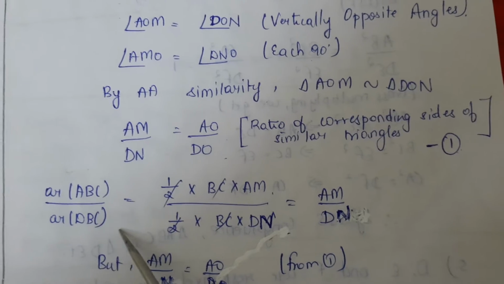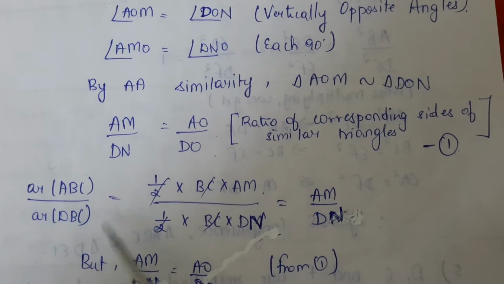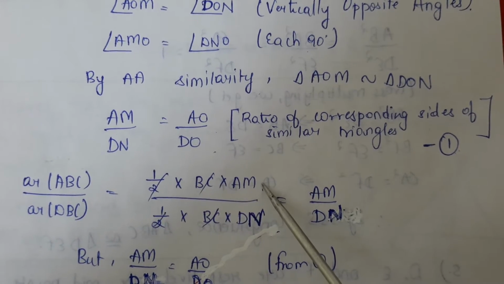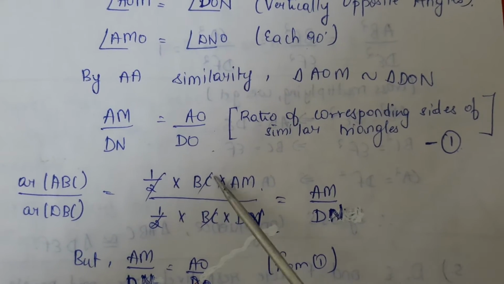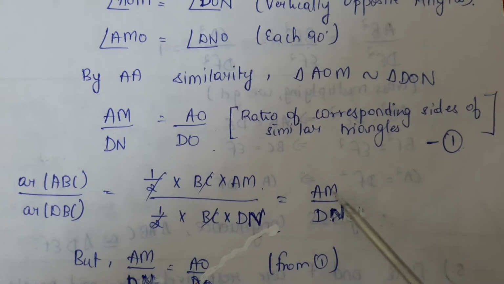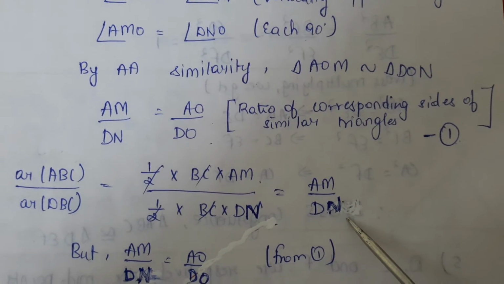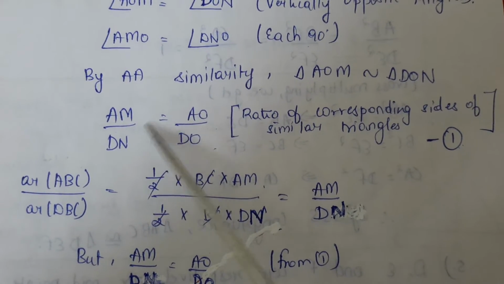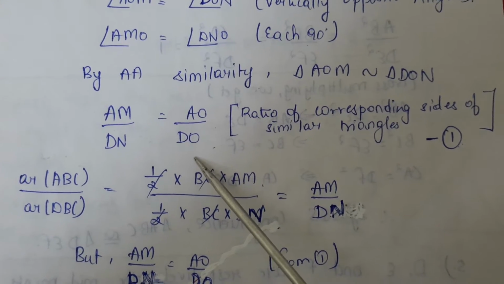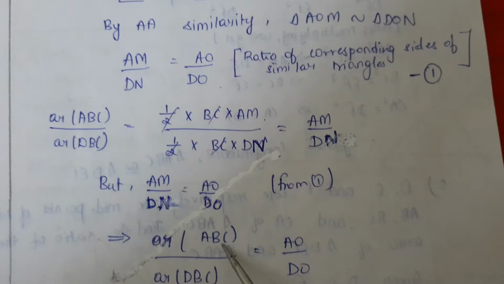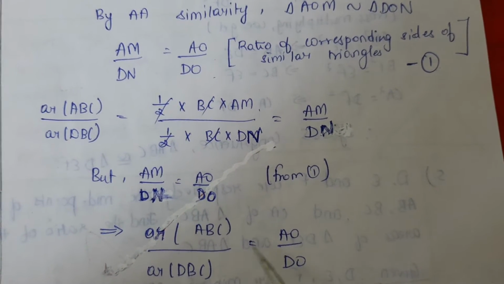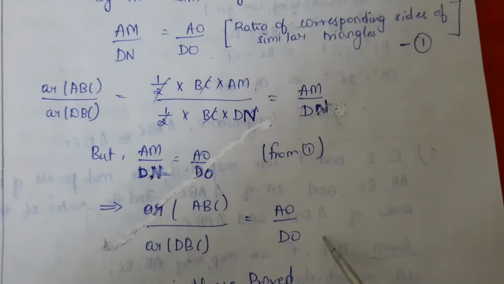So area of ABC by area of DBC is equal to half into BC into AM by half into BC into DN. Half and BC both get cancelled. The left out is AM by DN. But we know AM by DN is equal to AO by DO from the first equation. So area of ABC by area of DBC is equal to AO by DO. This is what we have to prove.